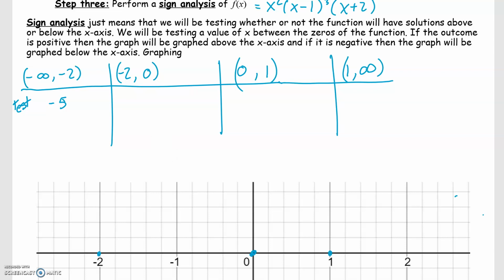So we're going to test that x equals -5.